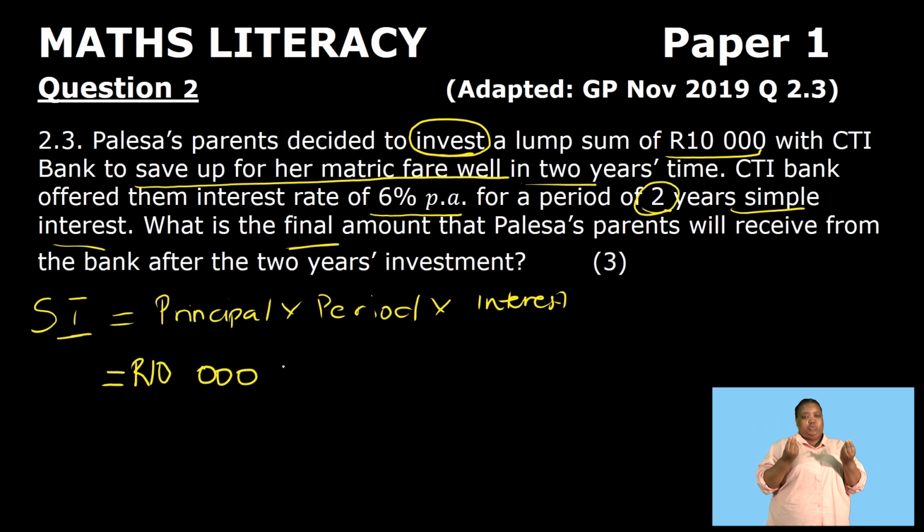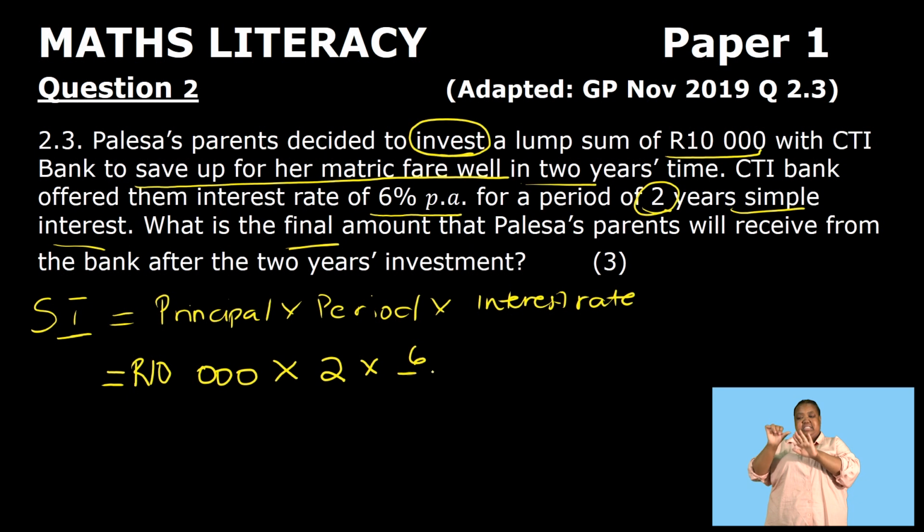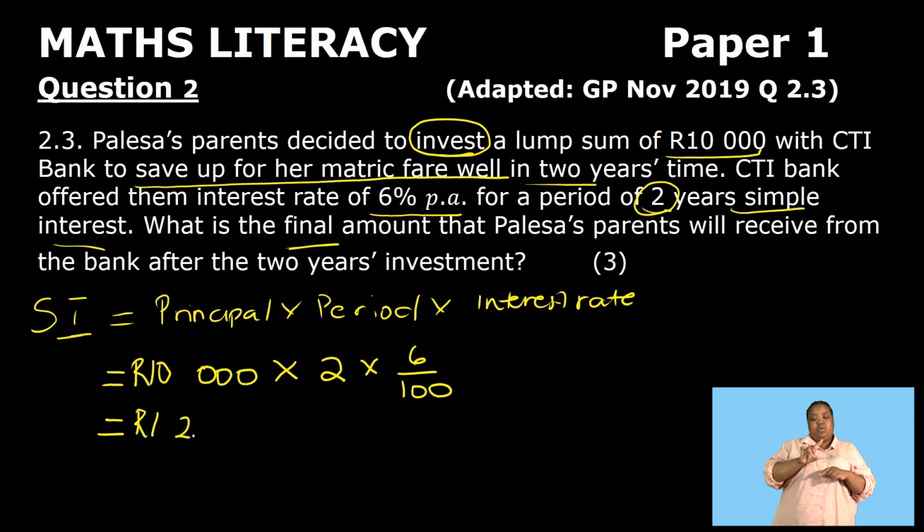It's 10,000, and this is multiplied by 2, which is the period, and the interest rate from the bank was given at 6%. So 6% is 6 over 100. So now in this case, working that out, in order for us to have the interest first that they will accumulate. So firstly, the interest will be 1,200. So this is the interest.